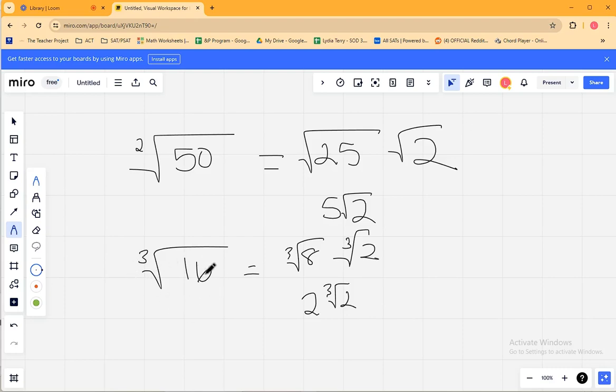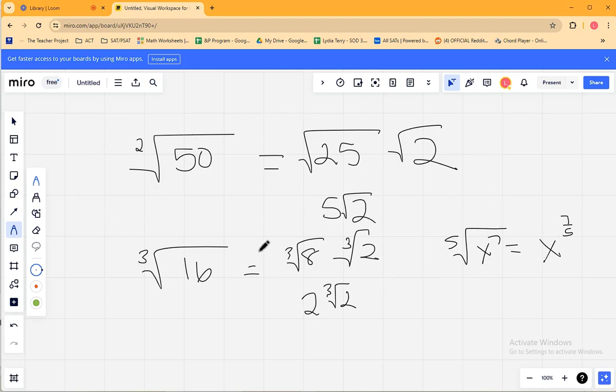You can obviously go as many roots up as you need to go. However, you're not going to usually deal with anything like that too much. And if that's the case, let's say you have a 5th root of, I don't know, x to the 7th. If you saw that on the SAT or the ACT, I would just convert it to x to the 7 over 5. That's probably what they're trying to do.